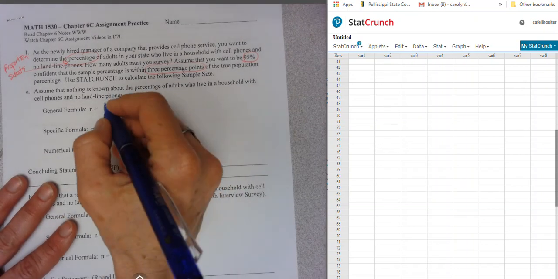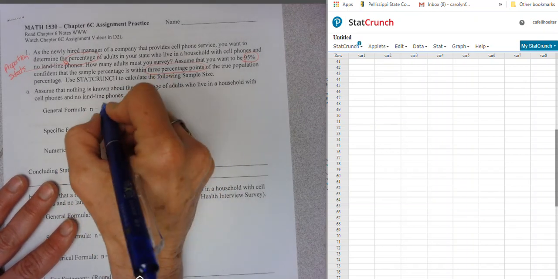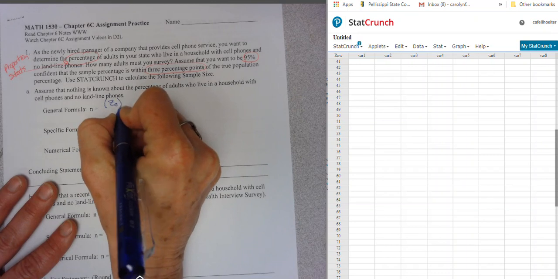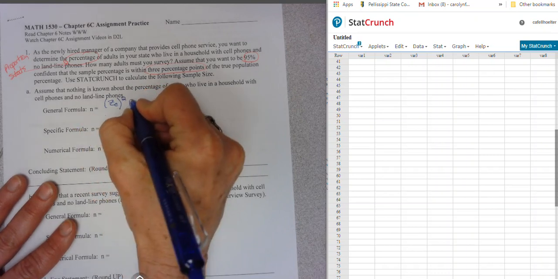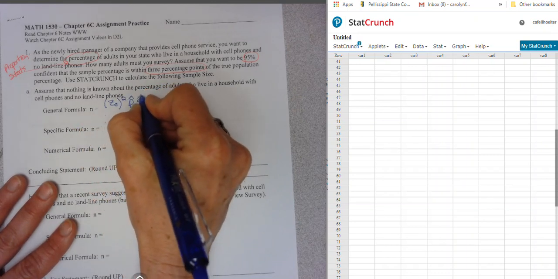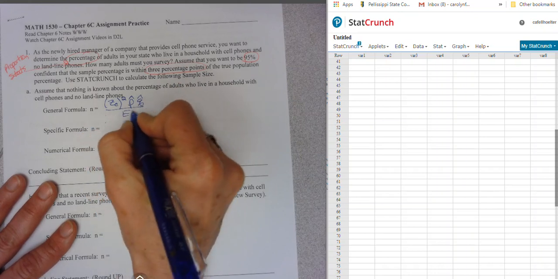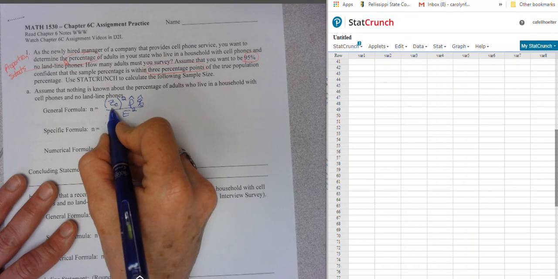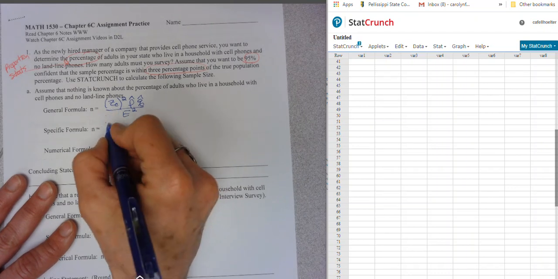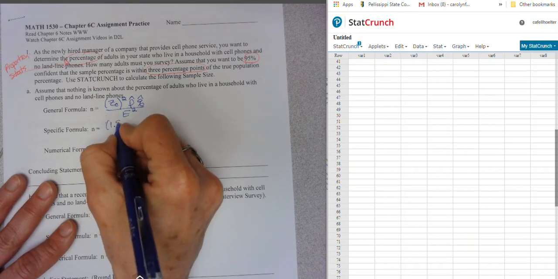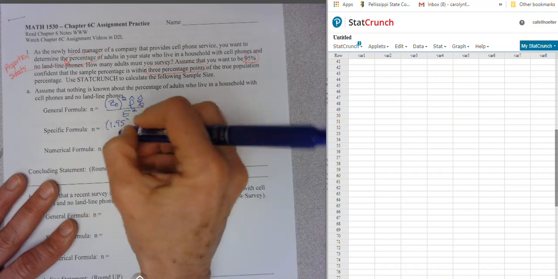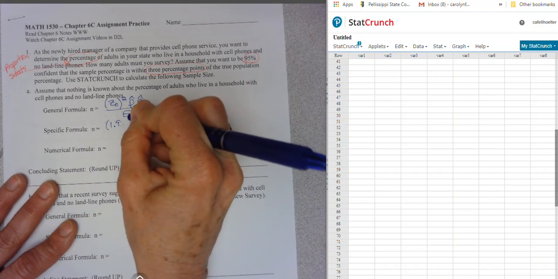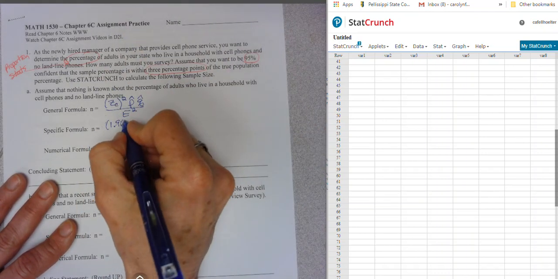The formula is your sample size can be found by getting your critical value Z, squaring it, times P hat times Q hat, all over E squared. Specifically, we would get our critical value from a table, or you could get it from StatCrunch, but for a 95% confidence level, that's 1.96 squared.